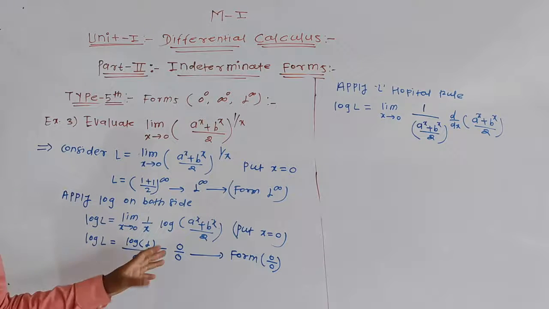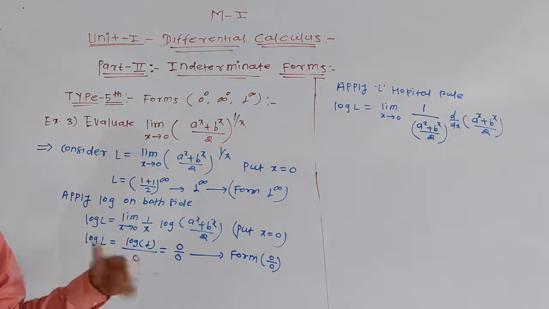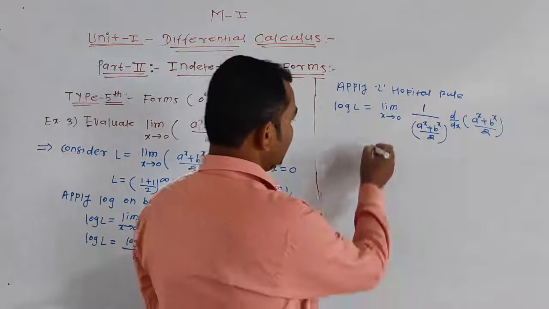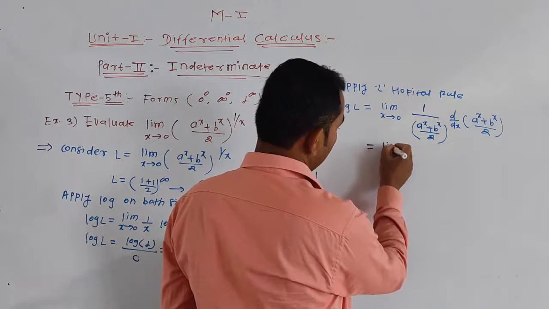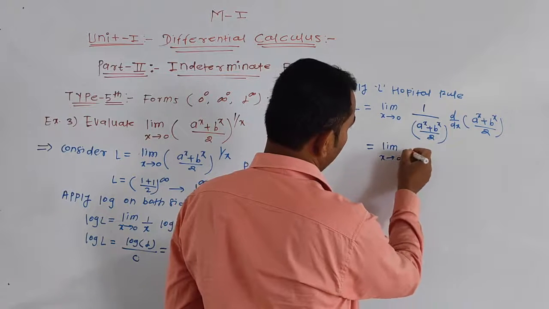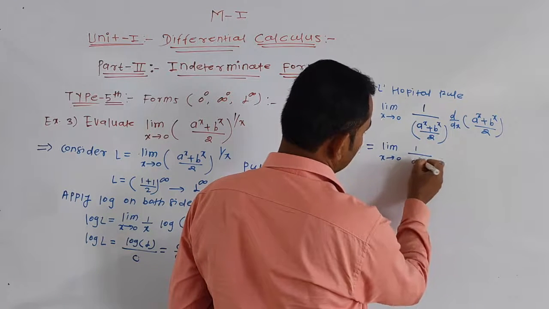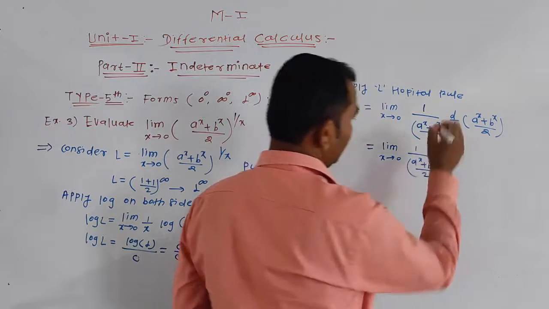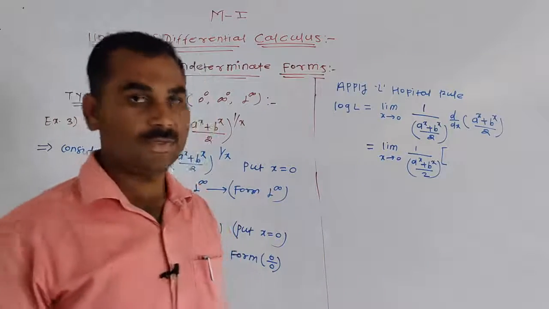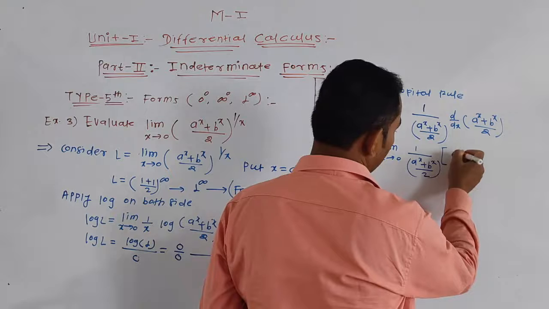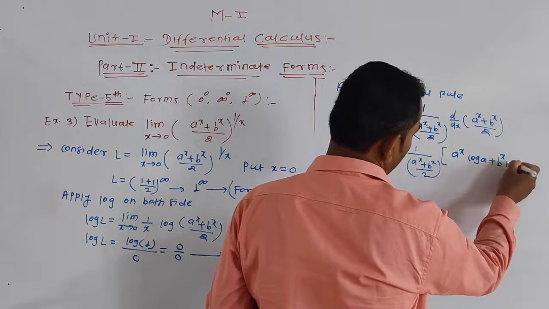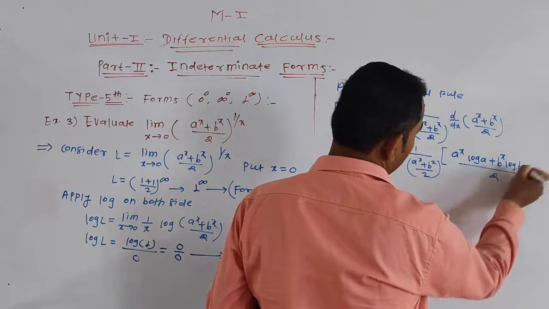Here the denominator is x, and its derivative is 1, which we don't need to write. Now simplify this: limit x tends to 0, 1/(a raised to x plus b raised to x divided by 2) into the derivative of this, that is, derivative of a raised to x into log of a plus derivative of b raised to x into log of b, whole divided by 2.